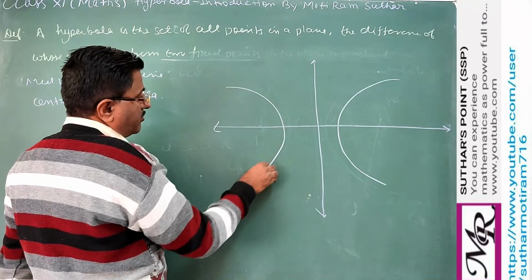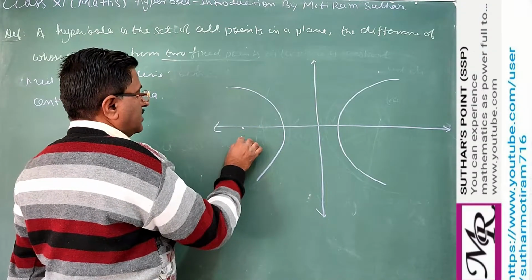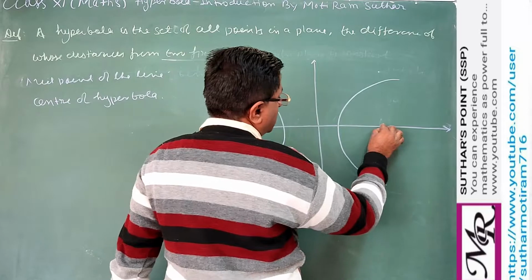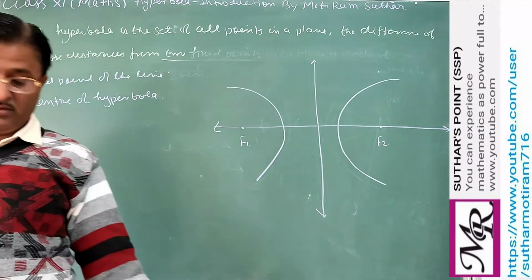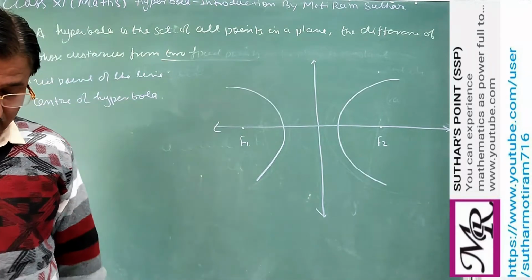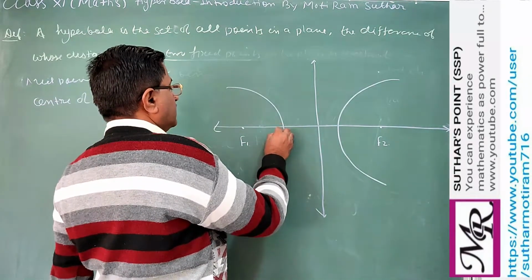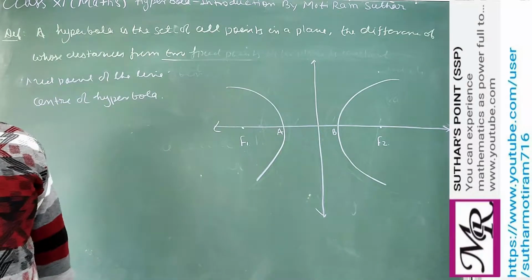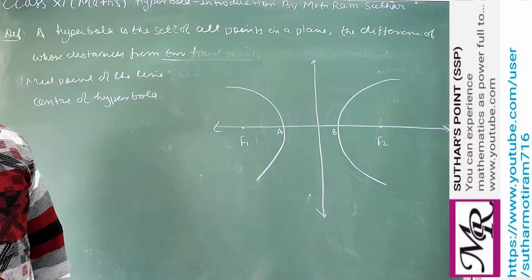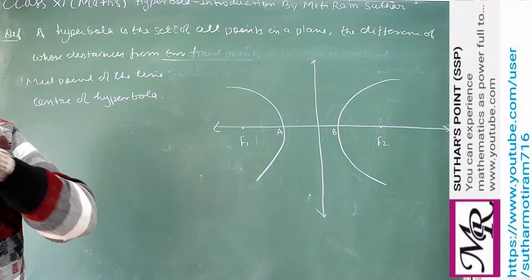This is also a hyperbolic curve. Here we can say F1, the first focus, and this is F2. Clear? And we already gave the name vertex: A and B are the vertices.